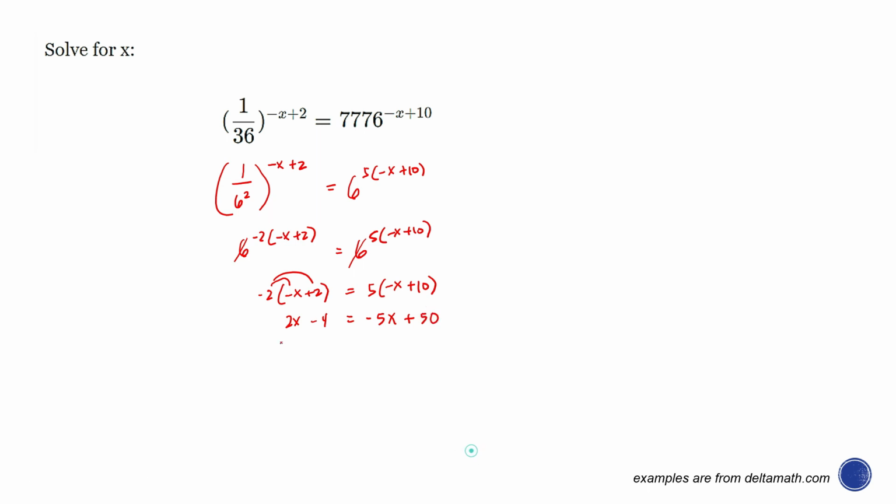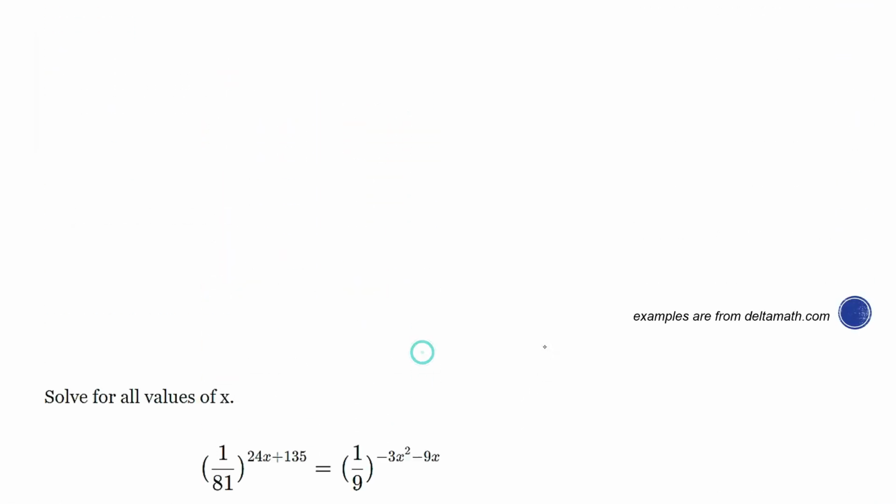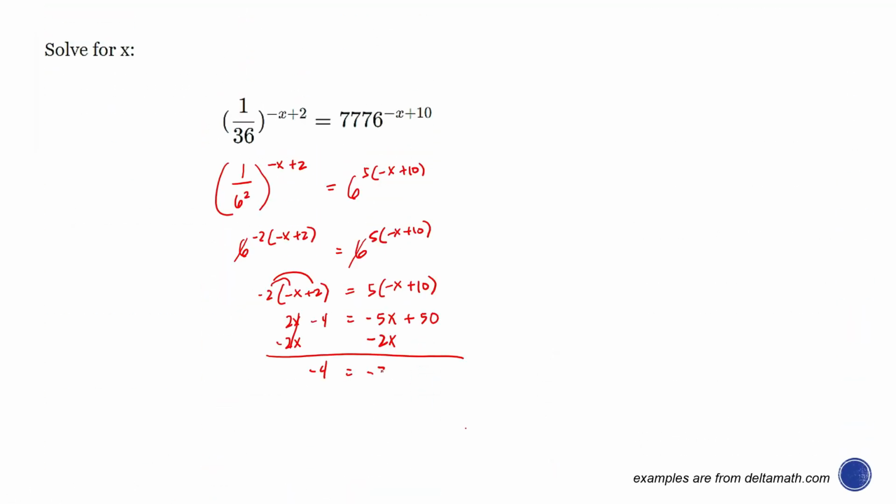Okay. So next, I will subtract 2x on both sides. This will be negative 4 equals negative 7x plus 50. Next, I think I need to subtract 50 on both sides.